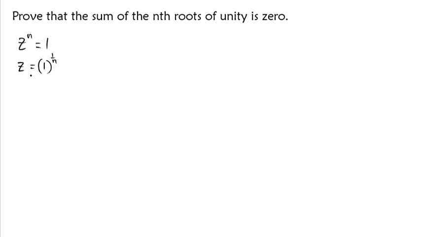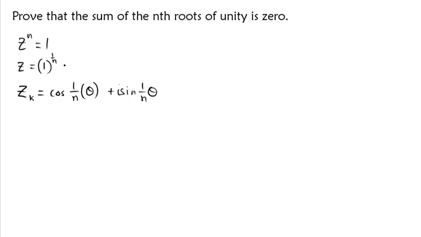So using De Moivre's theorem, zk is equal to cos of 1 over n multiplied by the theta that we have, plus i sine of 1 over n multiplied by theta.